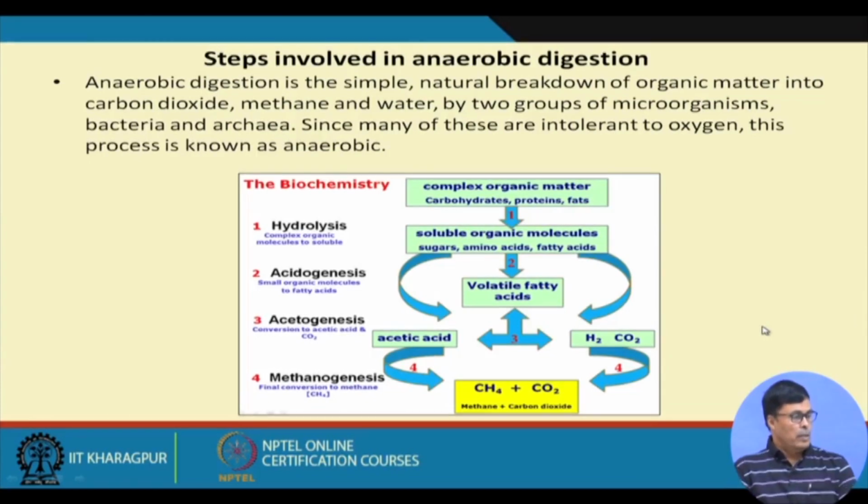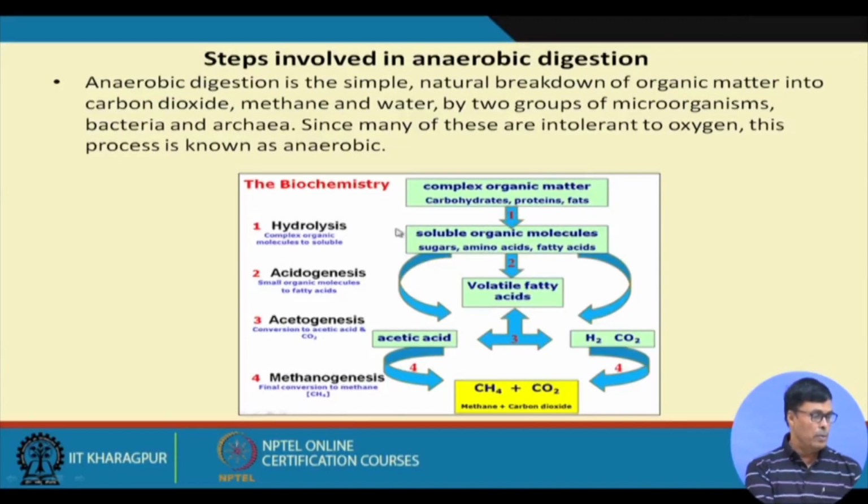If you look at the steps of the degradation process involved in anaerobic digestion, it is like this: hydrolysis. First, the organic material, carbohydrates present in the form of starch and cellulose, and then we have proteins and fats, all are bigger molecules. They hydrolyze.